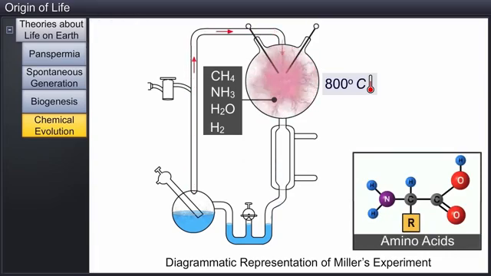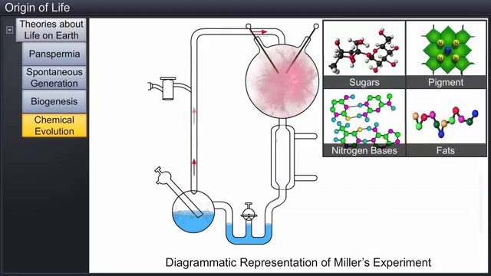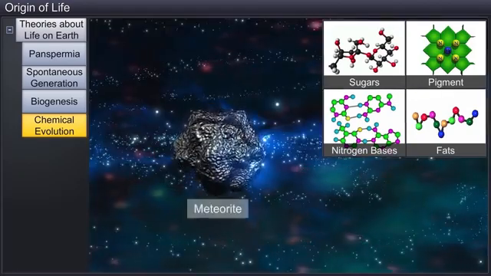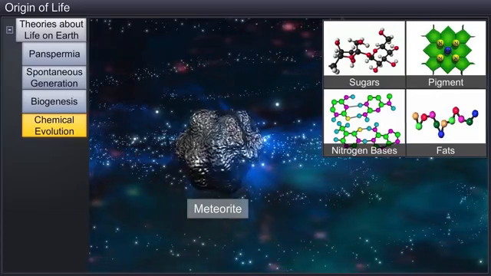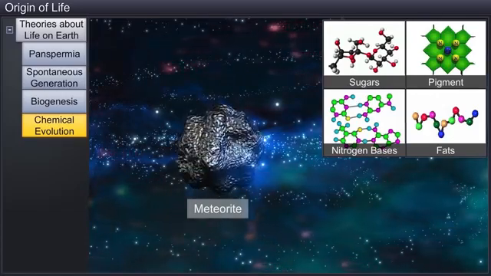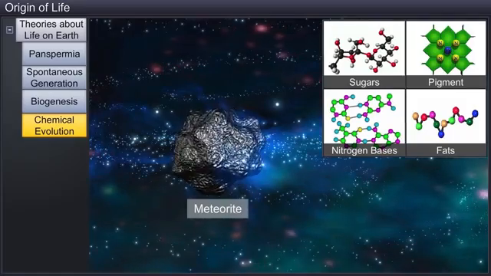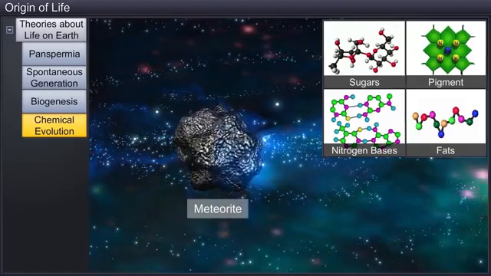Later on, while conducting similar experiments, other scientists observed the formation of sugars, nitrogen bases, pigment, and fats as well. Interestingly, when meteorite content was analyzed, similar compounds were found in them, which proved that similar processes occurred in other parts of the universe as well.